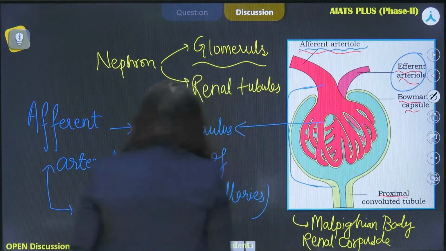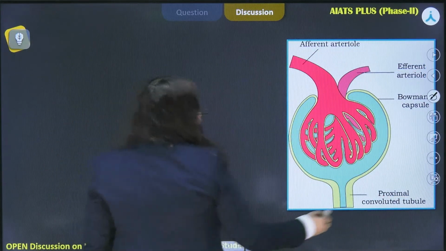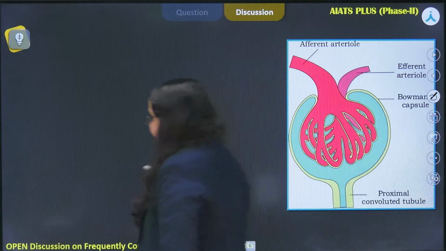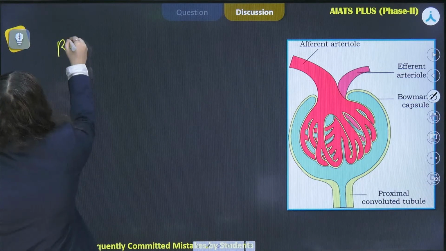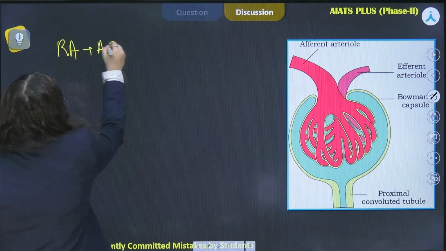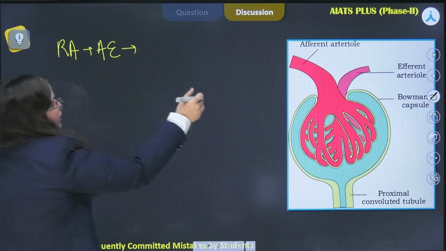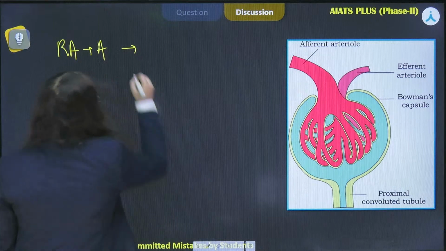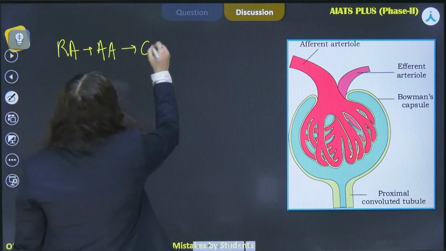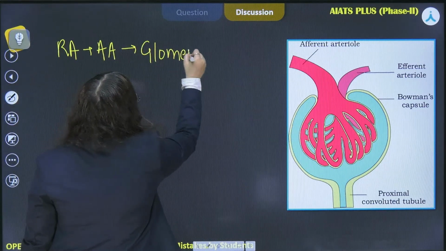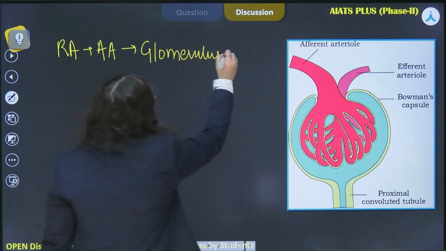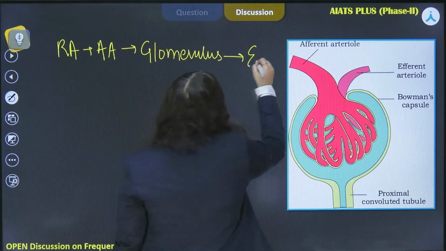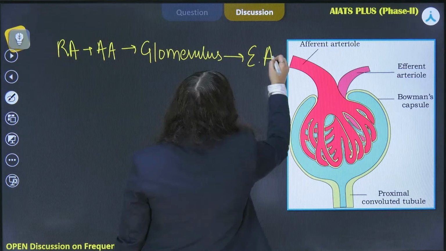All right. So we had the renal artery, which gave rise to efferent arteriole. Efferent arteriole से बना हमारा glomerulus. Glomerulus will further form the efferent arteriole.